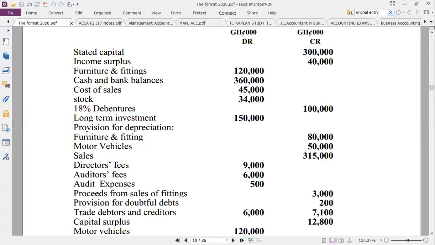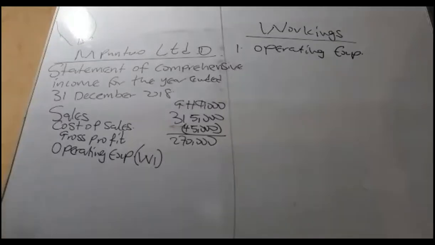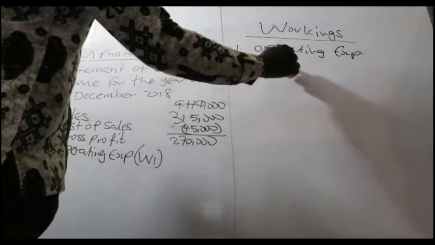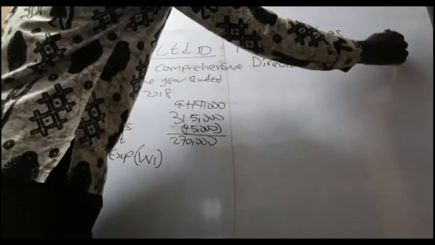Good. Now let's see. Provision for depreciation, no. Long-term investment, no. Sales, no. Director's fee, yes. Director's fee, auditor's fee, and audit expenses, so these three. So 965. They are operating expenses. So let's go. First, director's fee. Here too, don't forget your currency, three zeros.